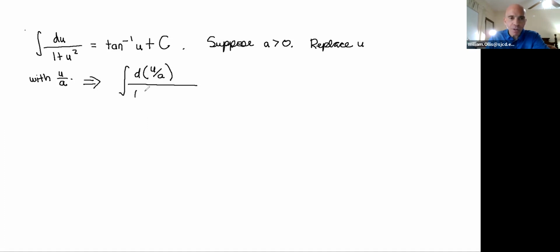So now we have 1 plus u squared divided by a squared. Now again, the differential of u over a is just 1 over a times du, the a being a constant. So we can go ahead and factor. Notice this is going to be a lot easier than the other problems.